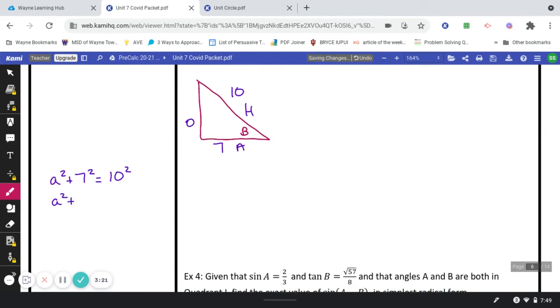Seven squared is 49. 10 squared is 100. Then subtract 49 from both sides to get 51. I'll square root that. That is not a perfect square, so I want to leave the answer as the square root of 51. I do not want to turn it into a decimal.